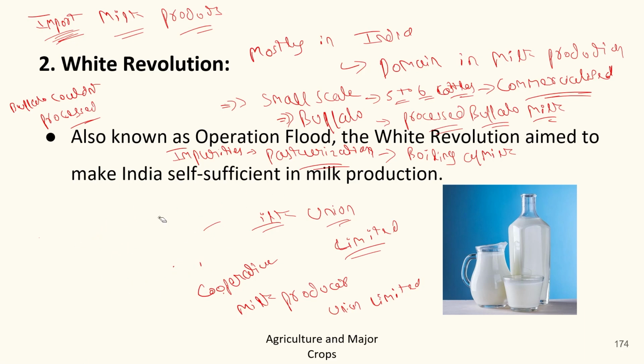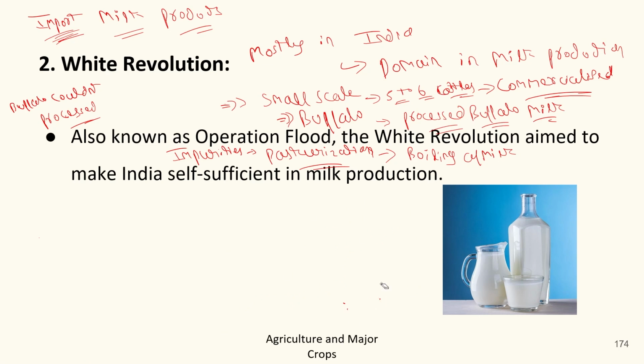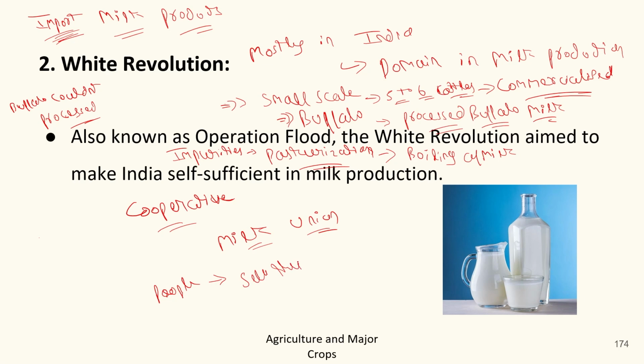He had got an idea that rather than make individuals spend more money in milk producing, he could reach the state governments and ask them to establish a cooperative milk union, where people of the state could come and sell their milk, and then that union will sell the milk in the market, and the money earned will be distributed as per the share of individuals.